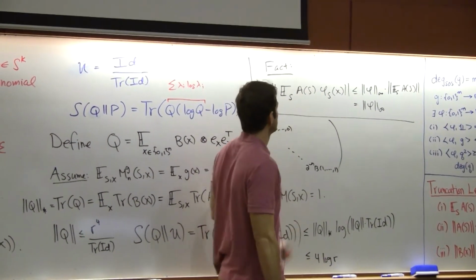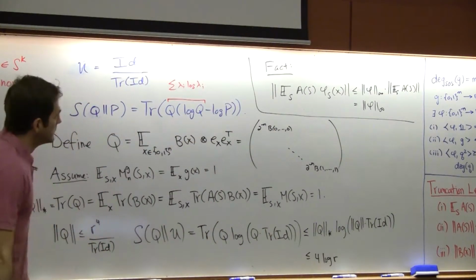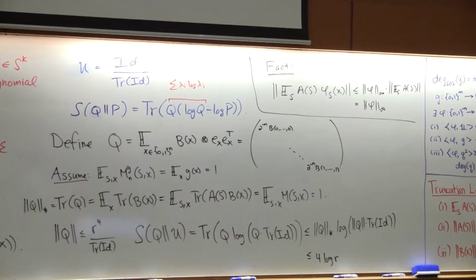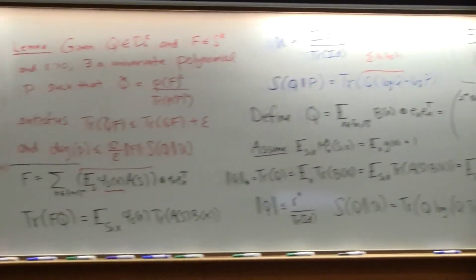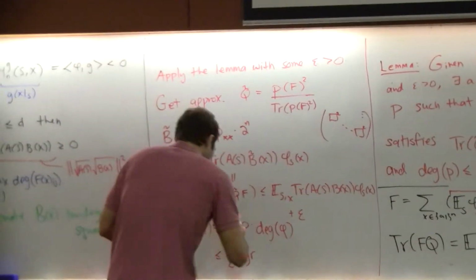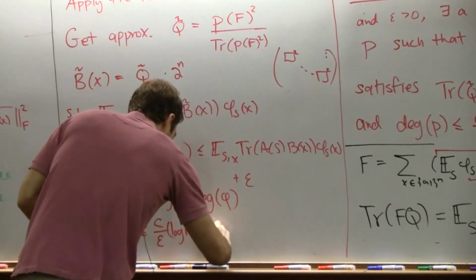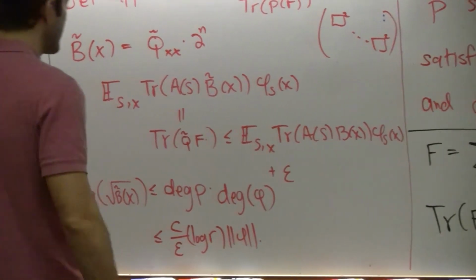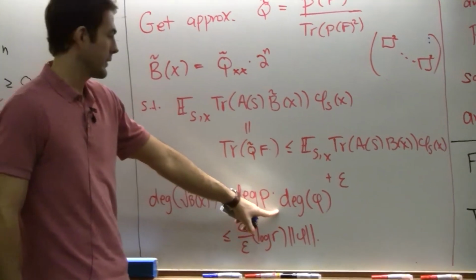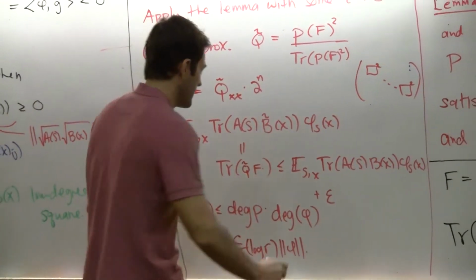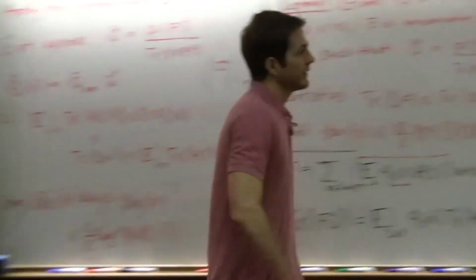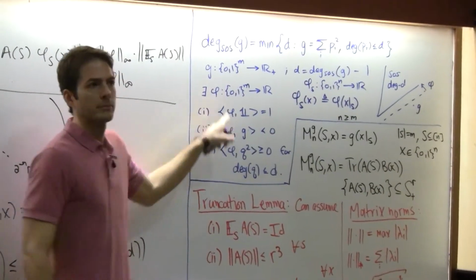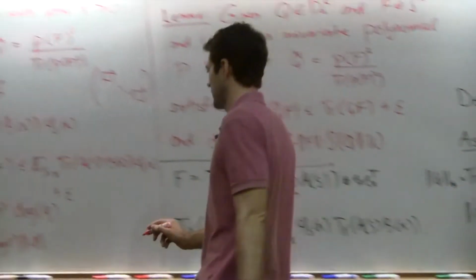So now we get here times the L infinity norm of phi, and the last thing is, what's the degree of phi? Let's just use a trivial bound: phi is a function of only m things, so its degree is at most m.